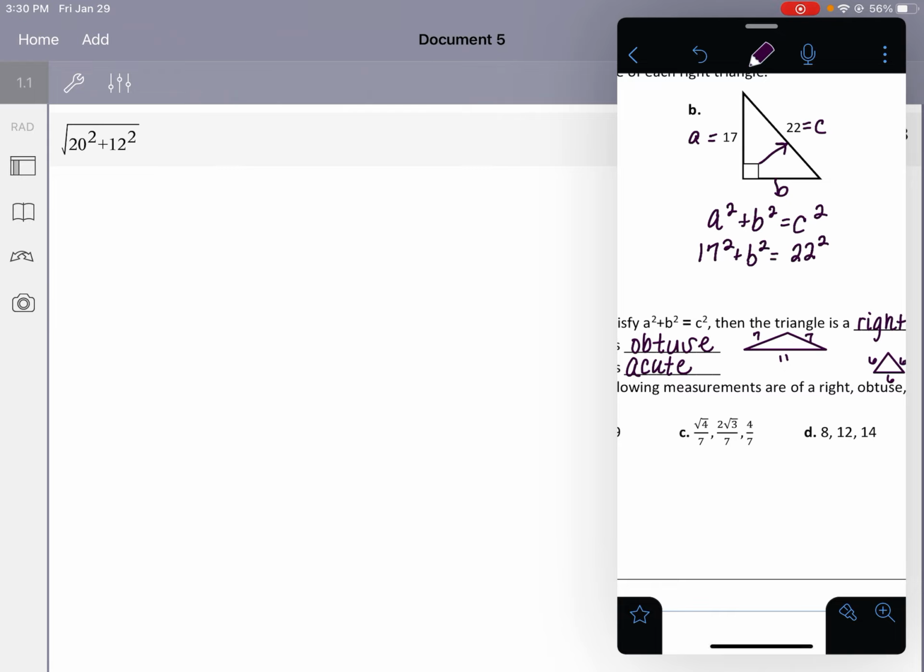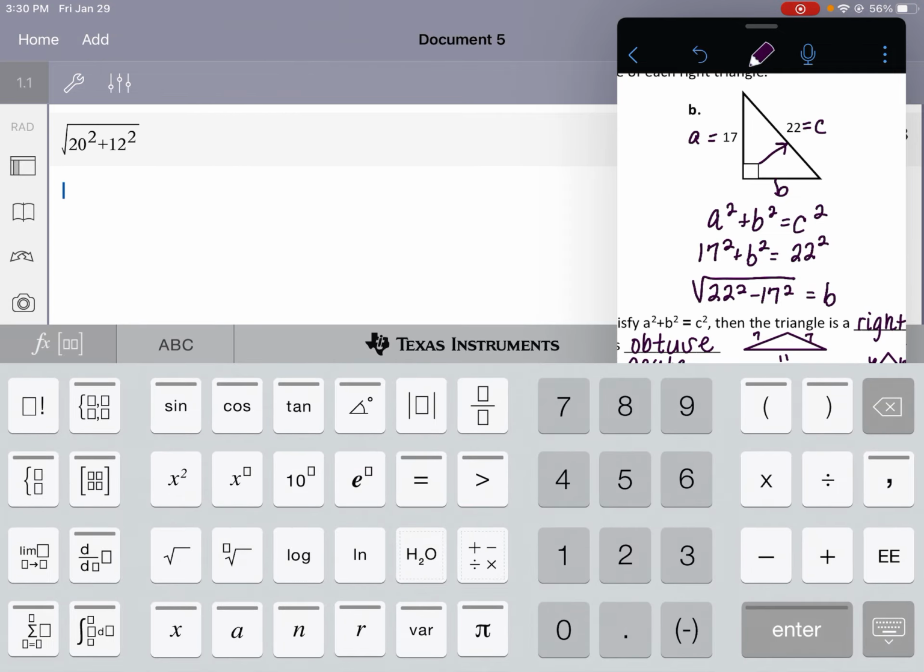So we have that. Now, if you want to do the shortcut in one step, just take the square root of 22 squared minus 17 squared, and that'll give you B. So again, if you know what C is equal to, you're going to subtract. If you don't know what C is equal to, you're going to add. Oops, wrong button. There we go.